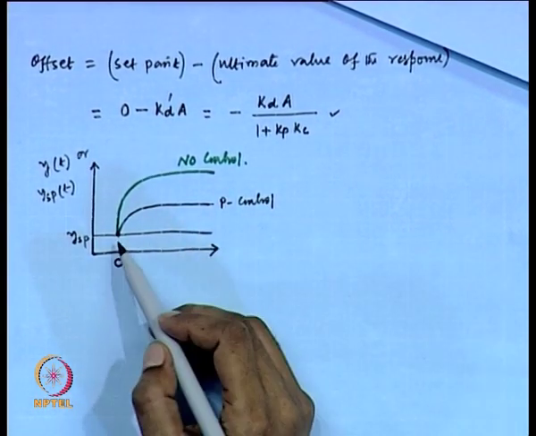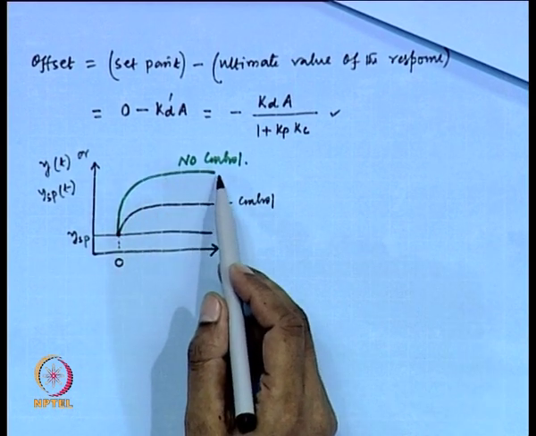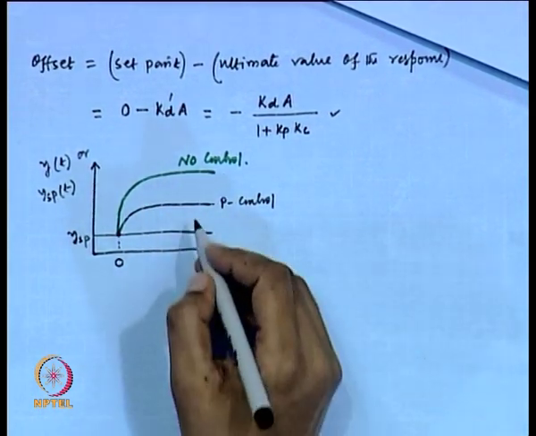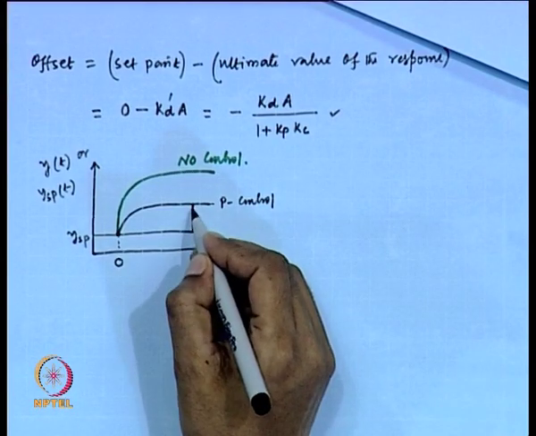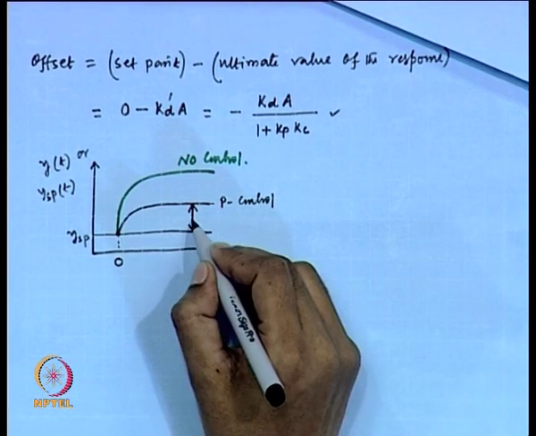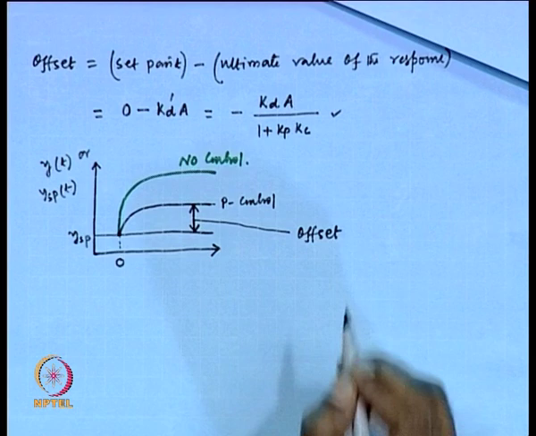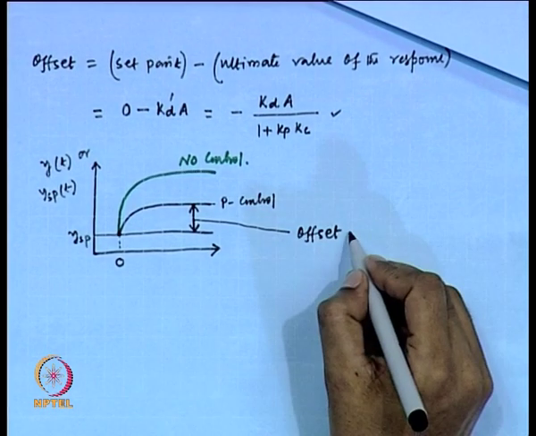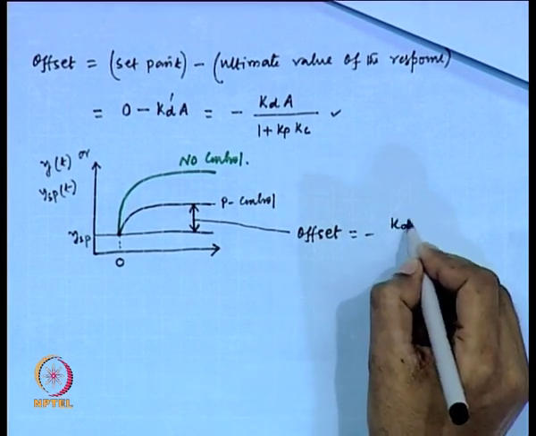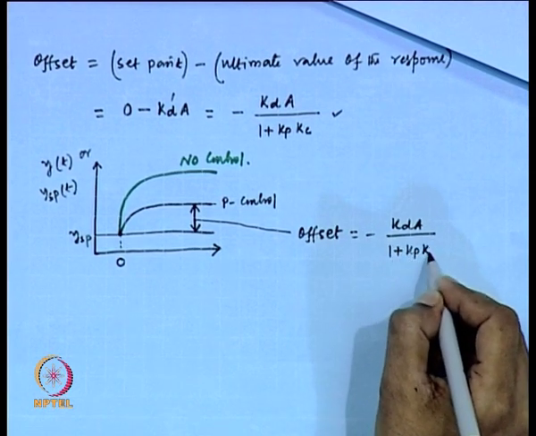And if there is no controller, then the process responds like this. Now, this is the steady state error. That means, this is the offset, which is equal to minus K_d A divided by 1 plus K_p K_c.